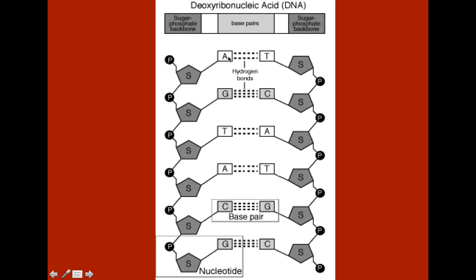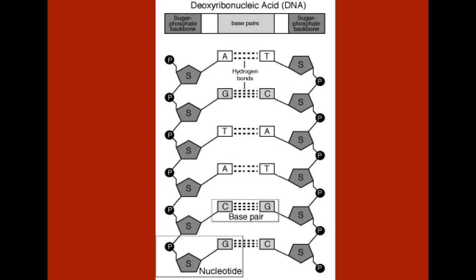Now you'll also notice there is a pattern, and I know you learned this in biology last year: the A, which is adenine, always is paired up with a thymine, and if you check you'll see that. And then the G, the guanine, is always paired up with the cytosine. So this is what we call the base pairing rule.